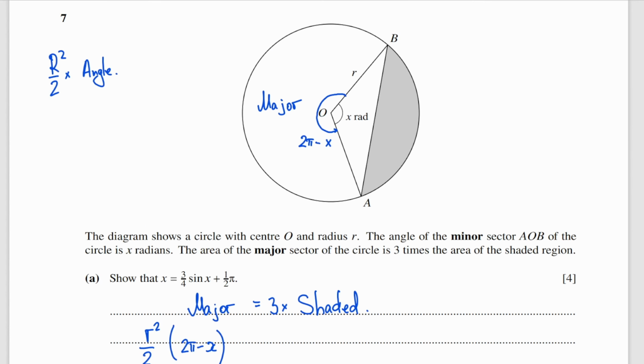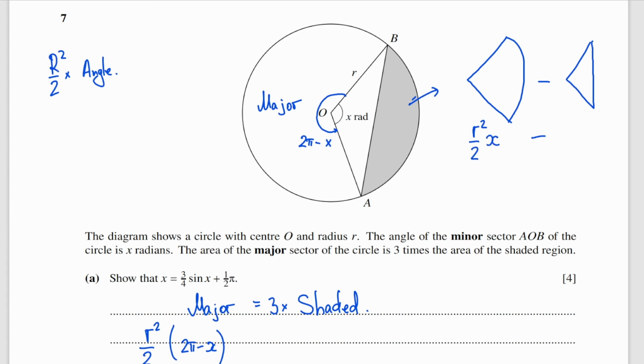Now, what about the shaded area? We can do the area of the sector minus the area of a triangle. The area of a sector is going to be r squared over 2 times the angle.